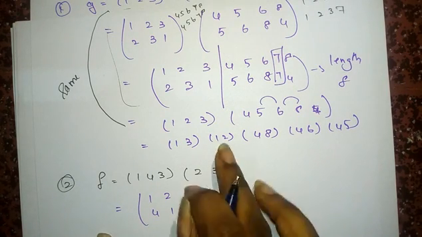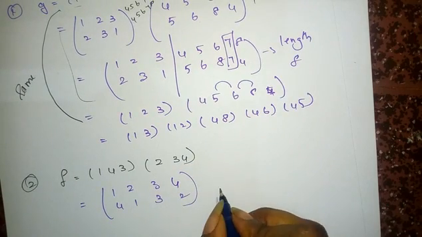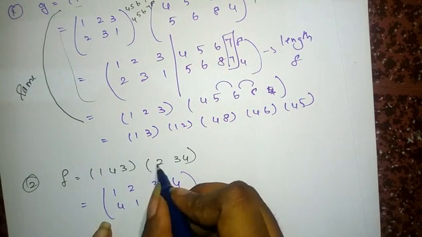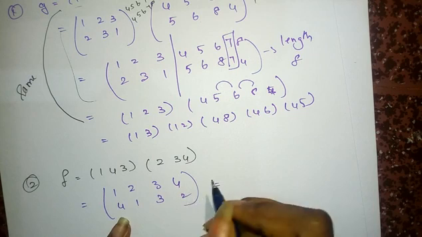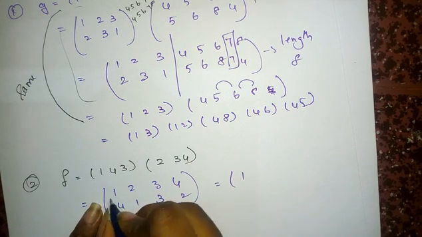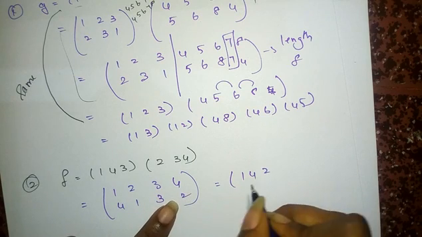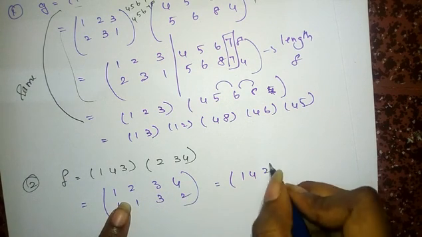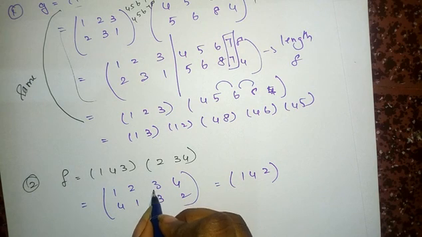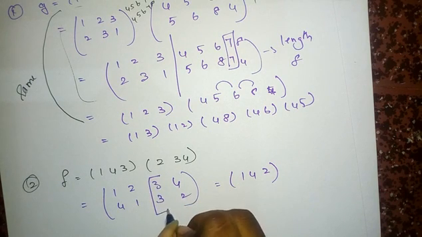You can refer to it. You will get the composition as this: 1 is mapped to 4, 4 is mapped to 2, 2 is mapped to 1 here, and I'm not going to write 3 because 3 is an identity mapping.